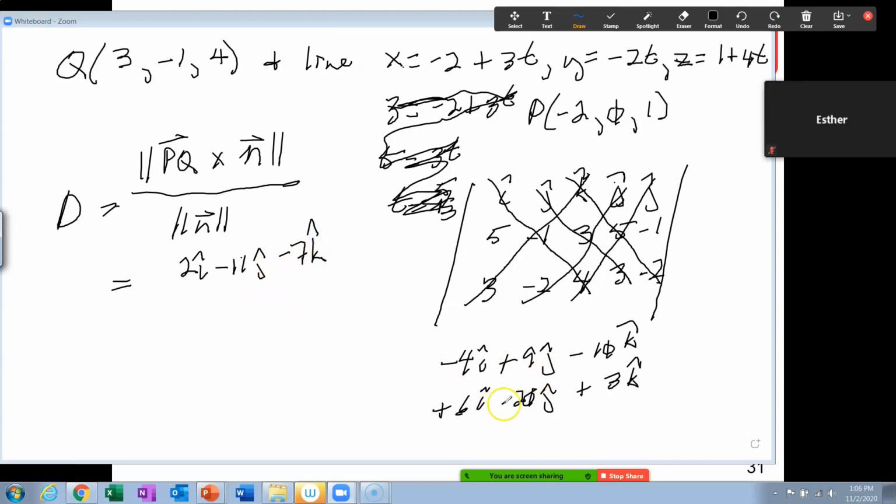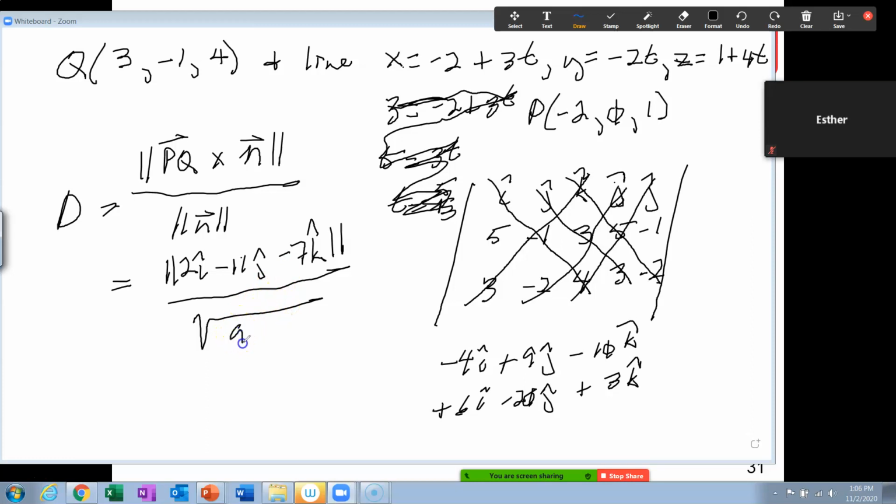That's the cross product of those two, and we're going to take the magnitude of that over the magnitude of your normal vector, which was 3, -2, 4. Let me go on and write that one in.